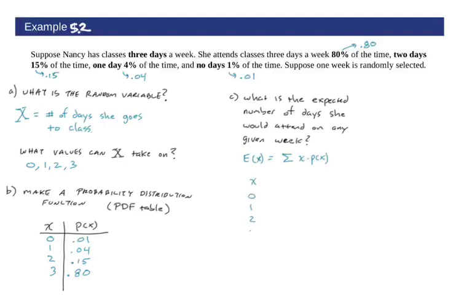And so what I like to do is I like to extend my PDF table outwards. So we kind of already have a random variable with the probabilities there. And so I'm just going to multiply x times p of x here. And this is going to help us out. So we're just going to multiply across and write our answer there.